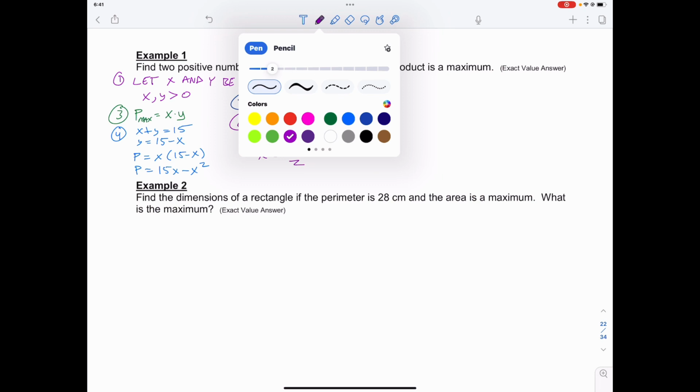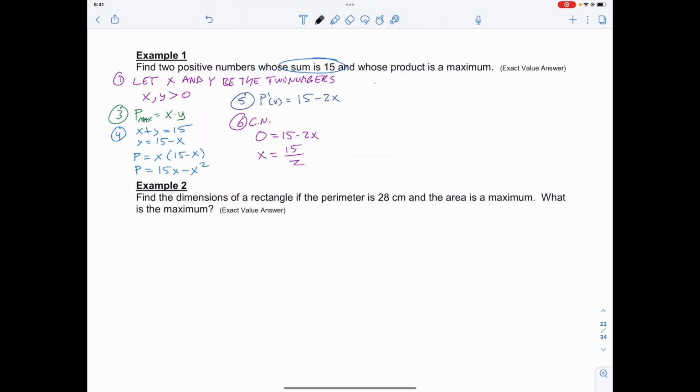Then we get to step 7. For step 7, we're going to do our first derivative test. So we have 0 for our restriction. We have 15 over 2.